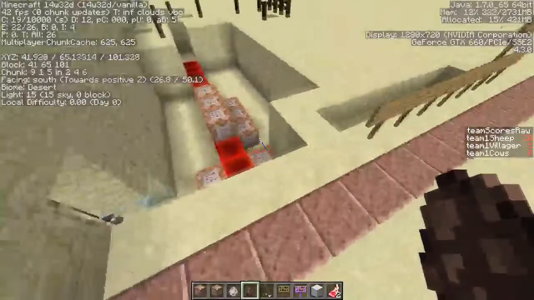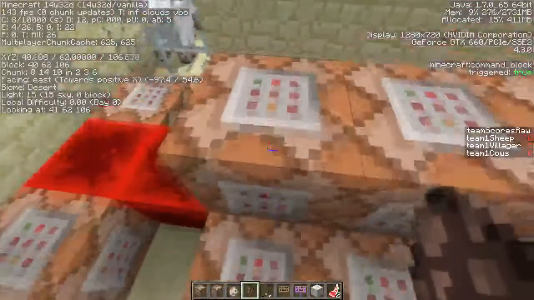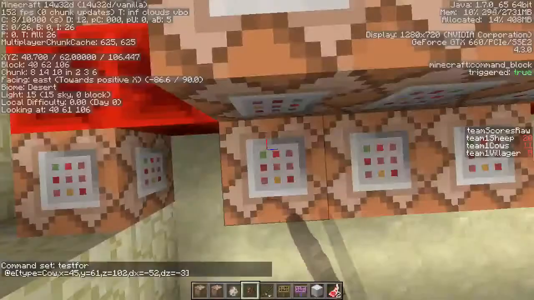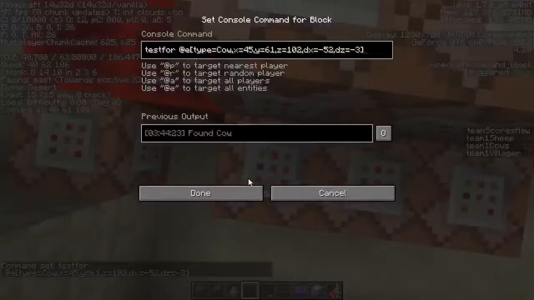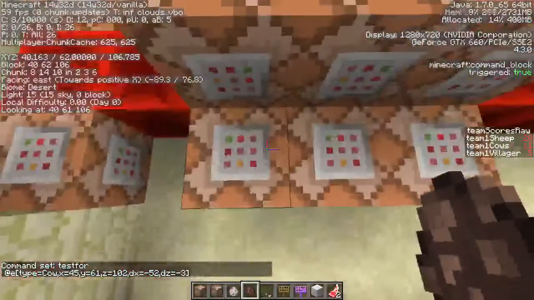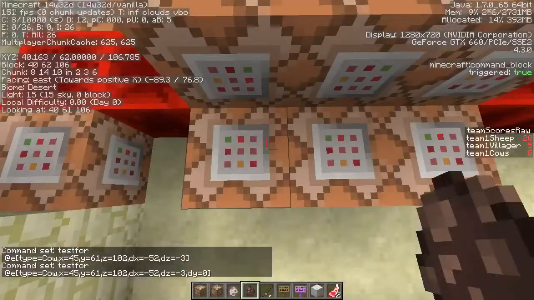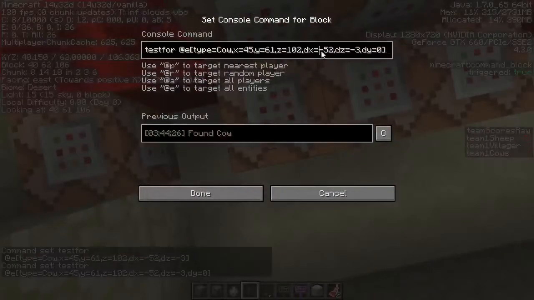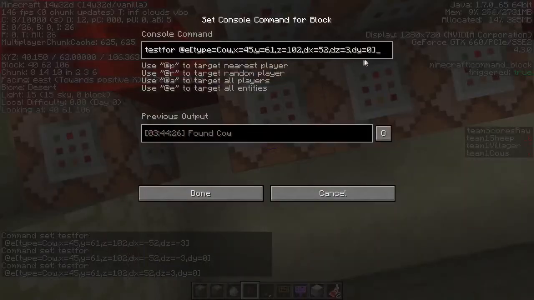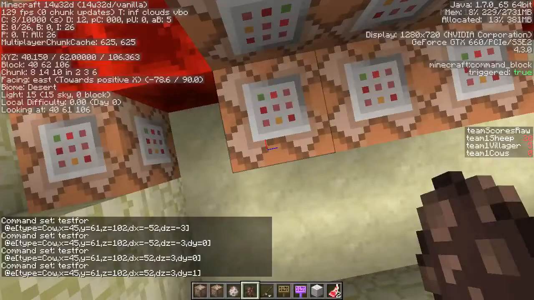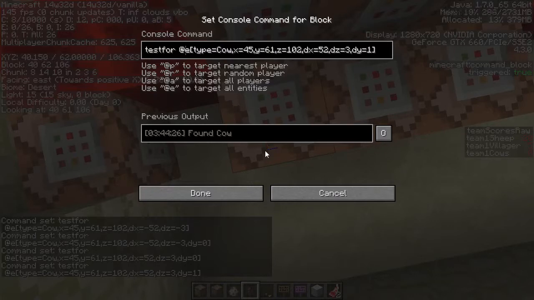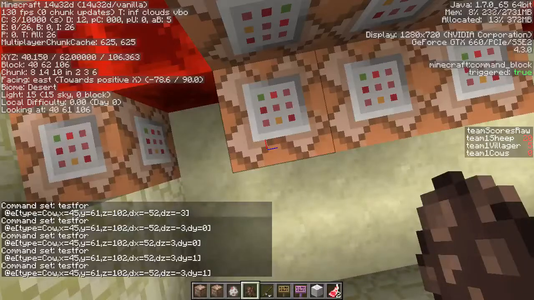There is that selector argument. If I set that command to nothing, it does get rid of the cows, so it is figuring out that is supposed to be a result of this block. If I had a DY of 0, then I get no cows being detected. If I change those back to positive and that to 1, that does nothing. If I make both of these negative again, does it find them? No. If I make it negative 1, it finds them.